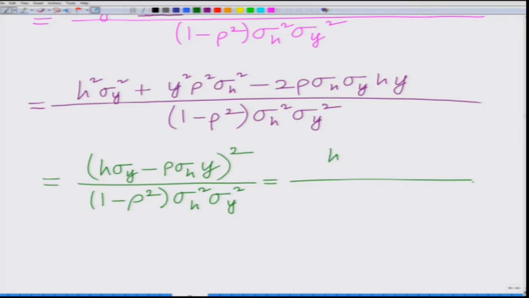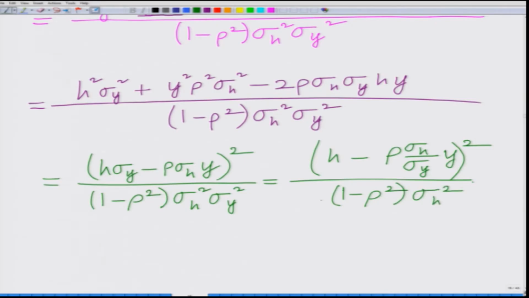What I am going to have is h minus rho sigma h by sigma y into y whole square divided by 1 minus rho square sigma h square, because sigma y square cancels from the numerator and denominator. So, this is basically your quantity in the exponent.